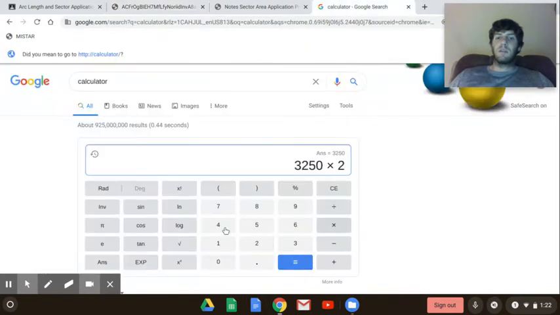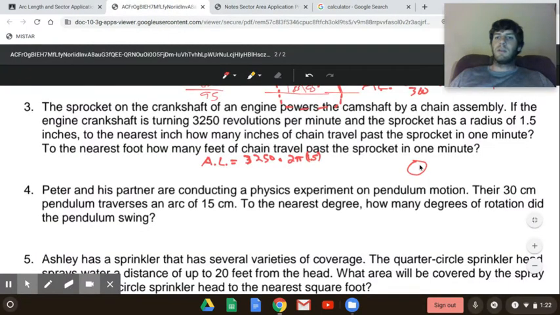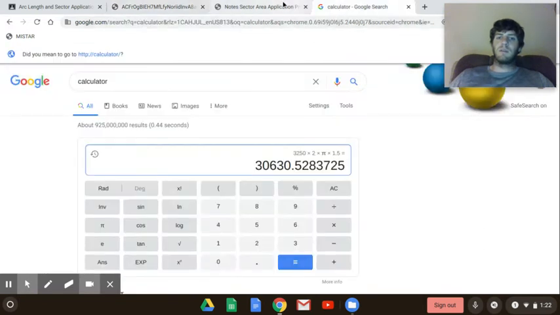That's going to give us an answer there. And then you want to do it in feet. So you would take your answer there and convert it to feet. I guess we could do this one. So 30,630 inches.